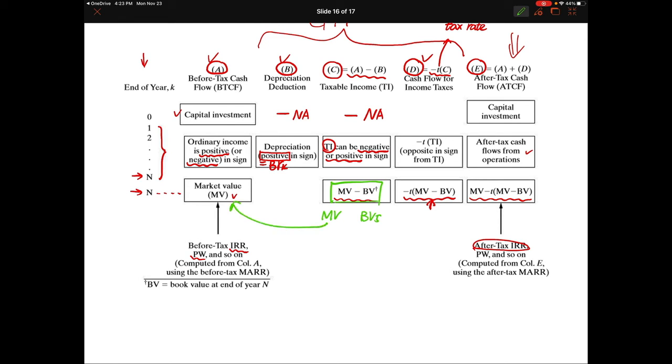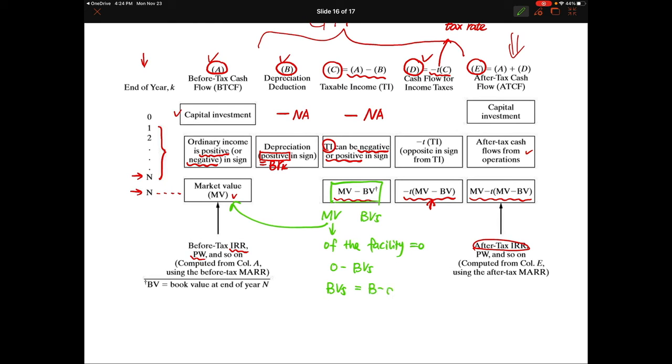Is the MV this one? No, because the MV is only the asset which is depreciable. That is the MV of the facility, which is 0.